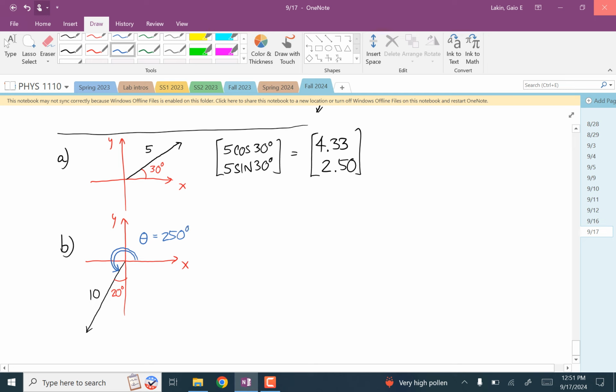If we went clockwise instead, start at the positive x-axis, and we have to go clockwise 90 degrees to get there, and then clockwise another 20 to get there. So it would be negative 110 degrees. And if you plug those into cosine and sine, they give you the same thing. So the other answer could be theta is equal to negative 110.